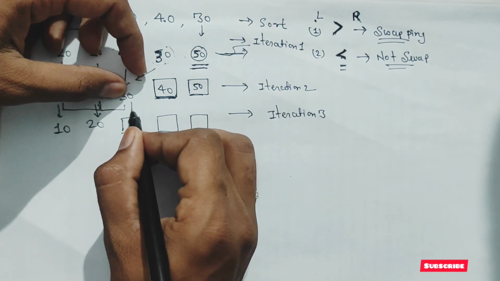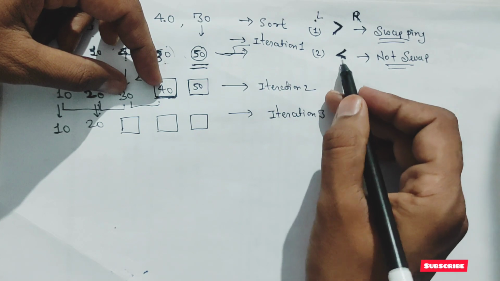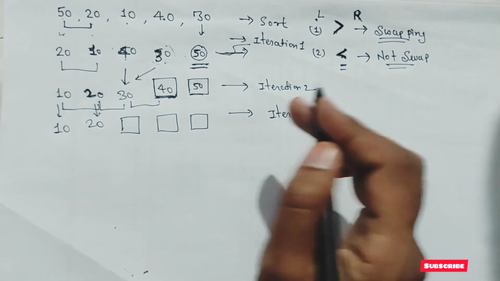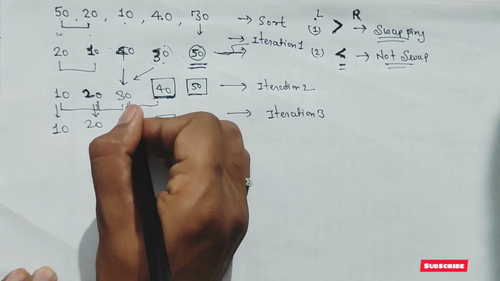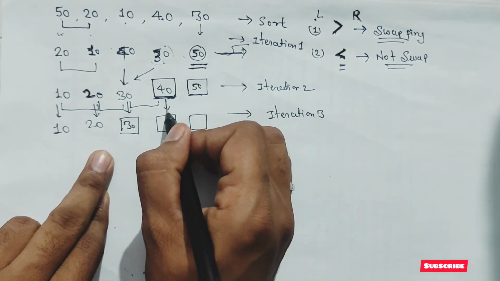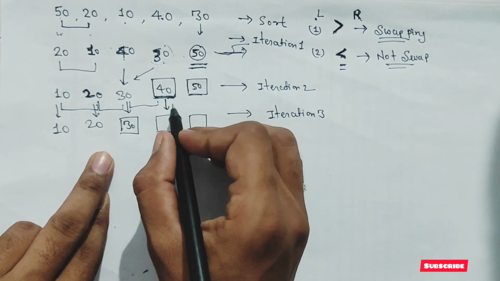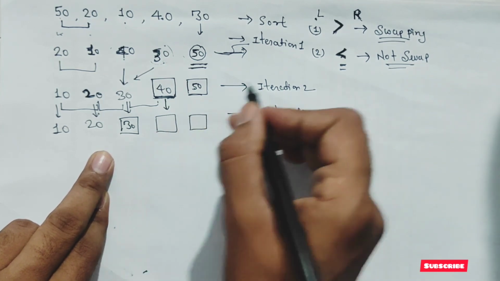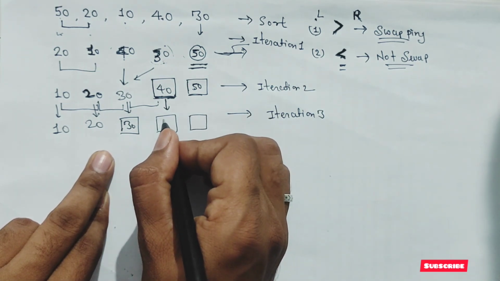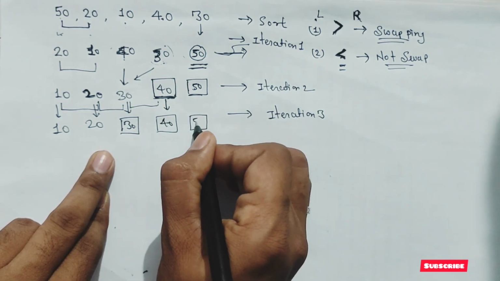Now 30 and 40 will compare. Same condition: the left-hand side element is less than the right-hand side, so 30 will remain the same here. And now at the next condition, 40 and 50 will compare, and the second condition is the same, so we will not swap; 40 will stay here, 50 will stay here.